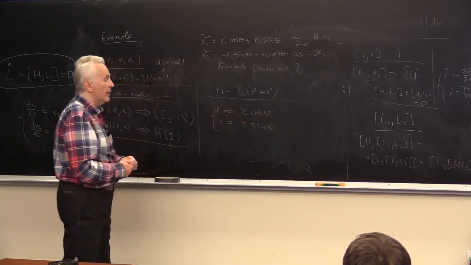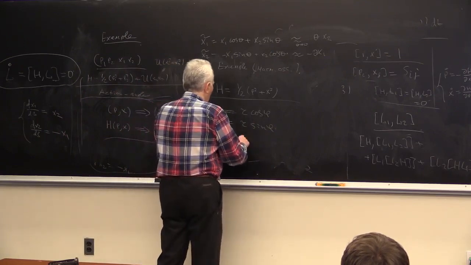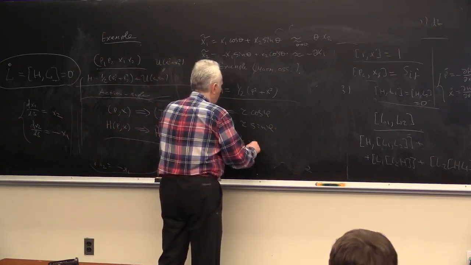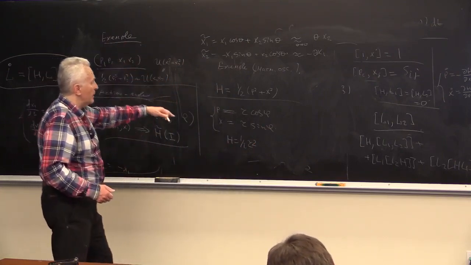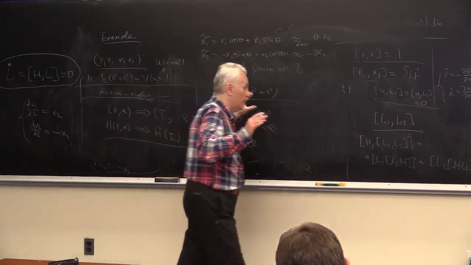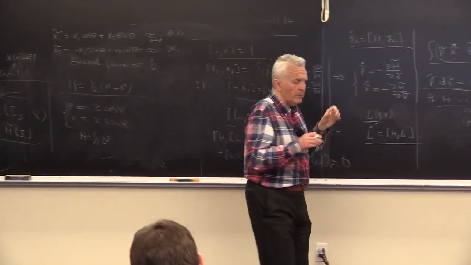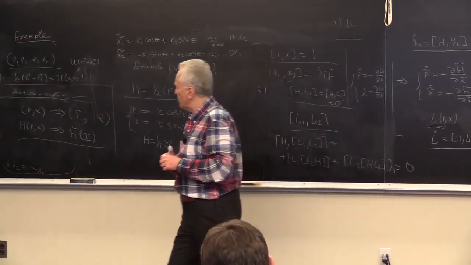Let's change variables like that. Then the Hamiltonian will be 1/2 of r square. And at first glance, that's what we need, because if you interpret r as momentum, you will get a Hamiltonian which depends only on this momentum.